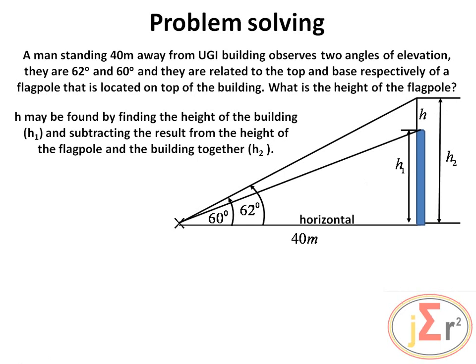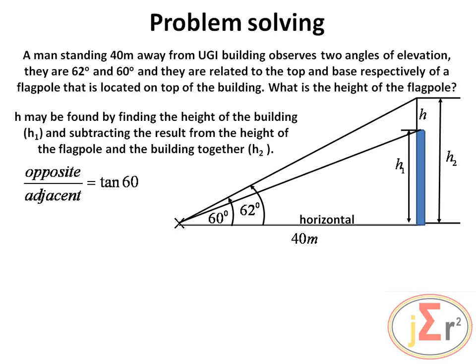So it is appropriate that we find the height of the building and the height of the flagpole and the building together. When we have those two results, we subtract the height of the building from the combined height, and we'll end up with the height of the flagpole.